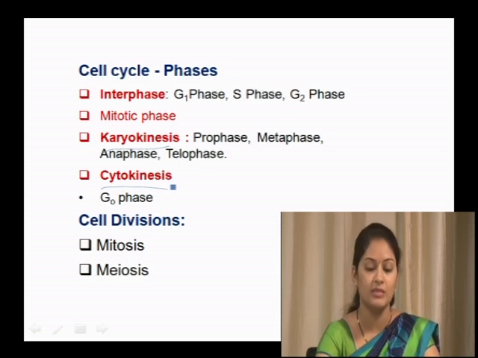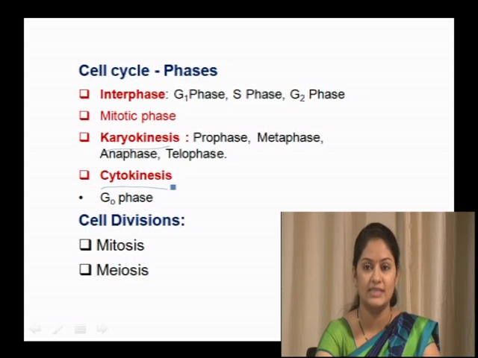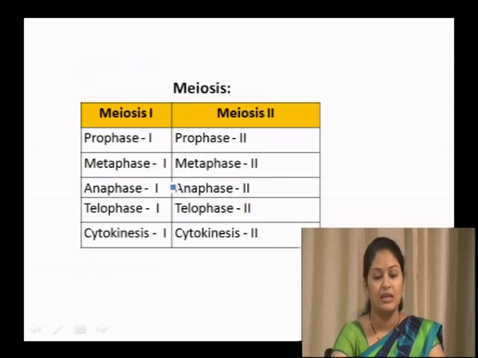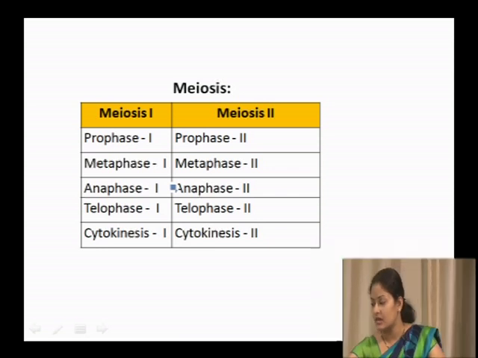Next one, types of cell divisions. Depending on different features observed, we can classify the divisions into mitotic and meiotic division, or simply mitosis and meiosis. Now, the components under these are as follows.